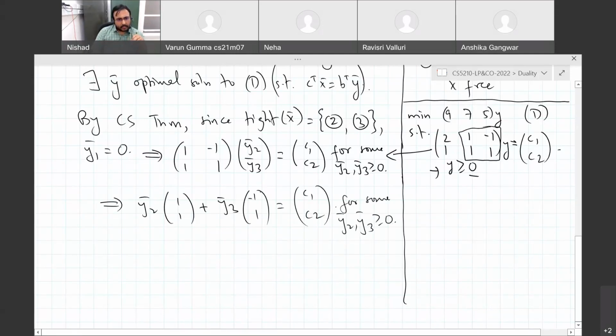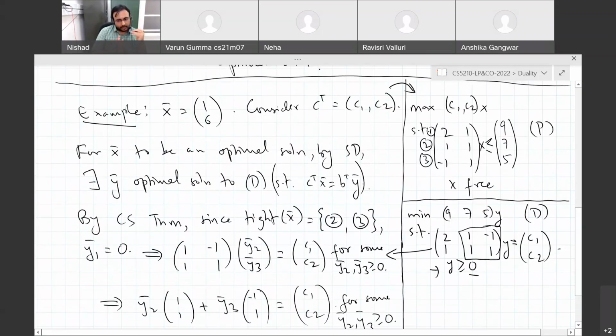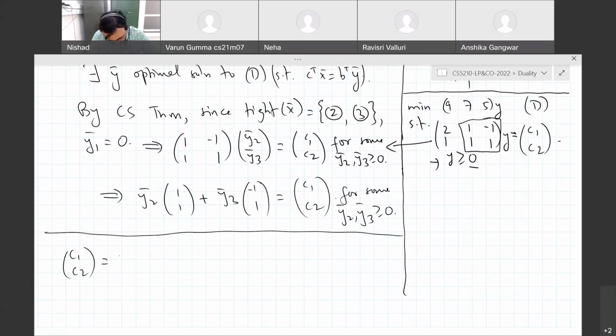Okay, so now I want to use this to figure out, for two choices of the objective function, whether x bar will be an optimal solution or not. So let's consider the two possibilities. The first possibility is 1, 2, and the second one is 5, 4.